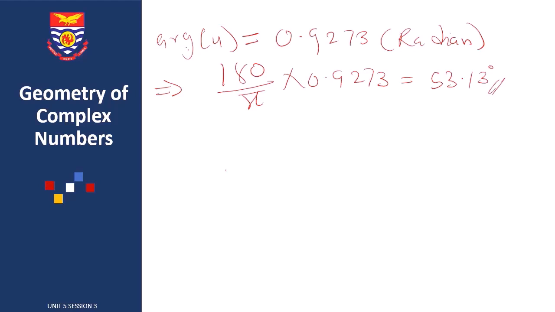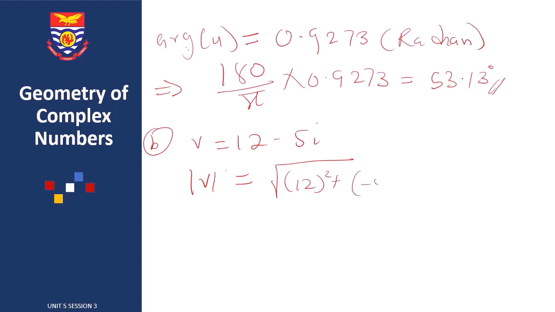Alright, so let's look at part b. v equals 12 minus 5i. So the modulus of v equals, so simple, the square root of 12 squared plus minus 5 squared.